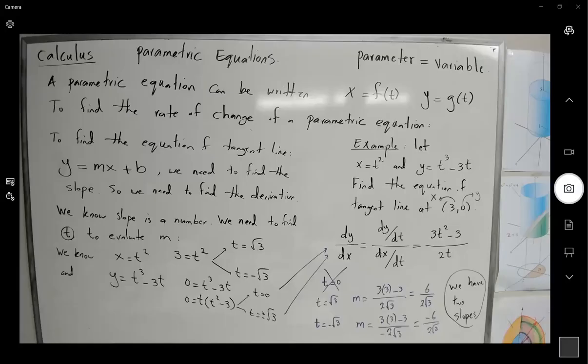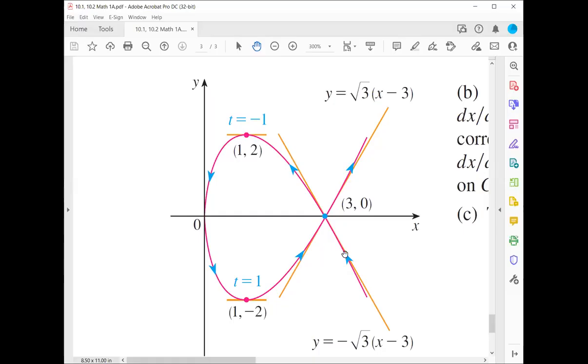Well, let us take a look at the graph of these parametric equations. As you can see, the graph behaves like this, and you have 2 tangent lines at 3 and 0. These are the tangent lines that we have.